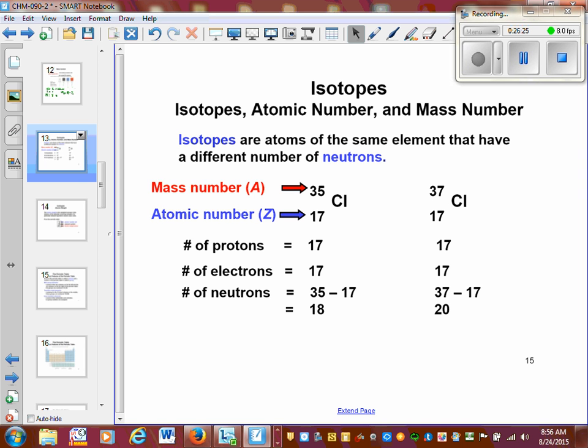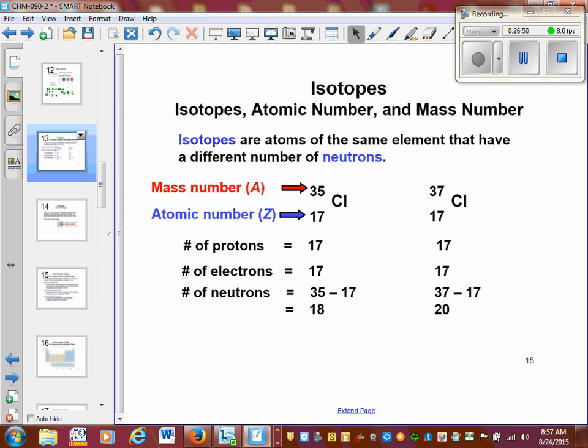We have chlorine 35, atomic number 17. So how many neutrons? 35 minus 17, you could read it right off here, 18.